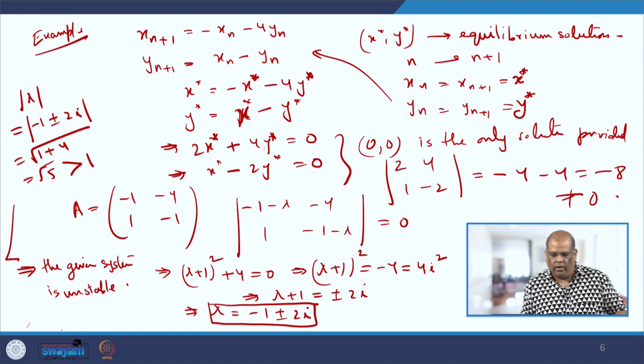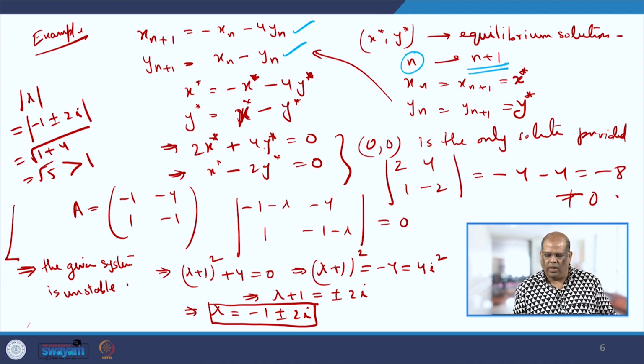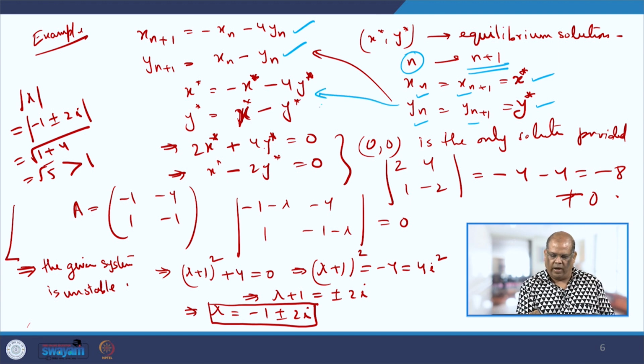So, what you have done here is that you have been given two difference equations. You find the equilibrium solution, which means that there is no change from n to n plus 1, and hence you substitute xn and xn plus 1 equal to x star, yn and yn plus 1 equal to y star, and you get this particular set. You simplify this and you find this set of equations whose only solution is 0, 0, because this determinant is not equal to 0.